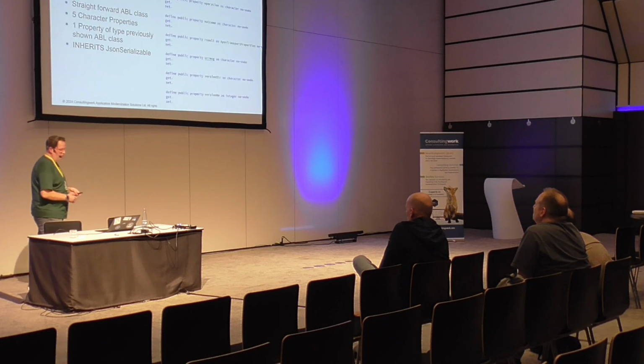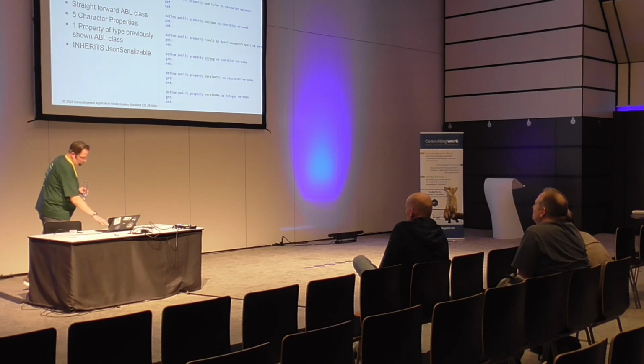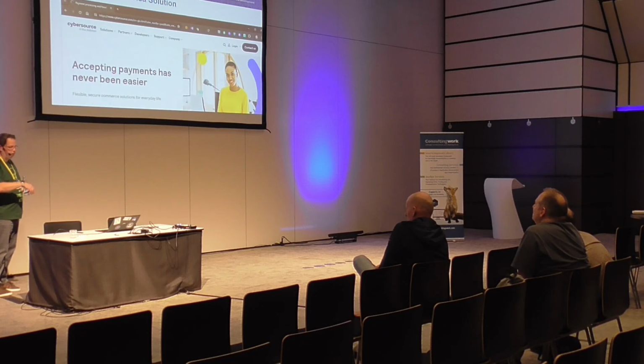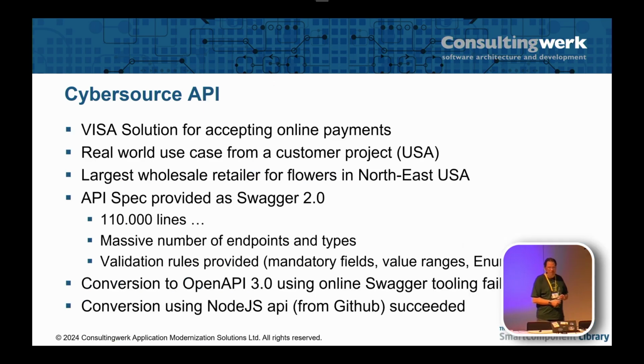With our first attempts using OE Manager that way, we actually did it manually, and OE Manager is a limited API. But in a customer project earlier this year, we had to integrate with CyberSource, a solution for businesses to provide credit card payments to other businesses, kind of like a PayPal for businesses. Their API specification is only available in Swagger 2.0.